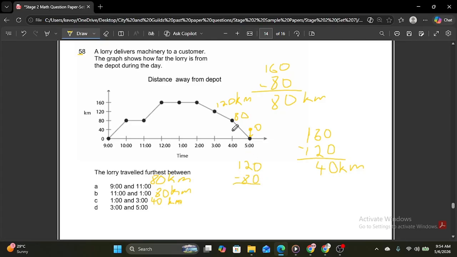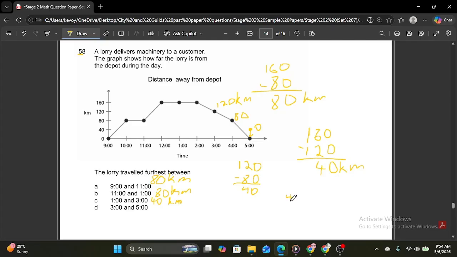We're trying to find the distance he traveled from 3 o'clock to 4 o'clock. So 8 from 12, that's 4. So we're gonna add this now to from 4 o'clock to 5 o'clock, that's 80.